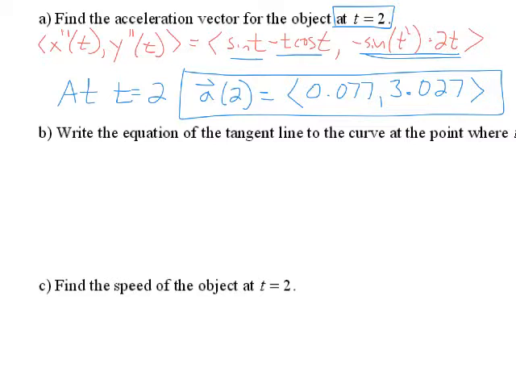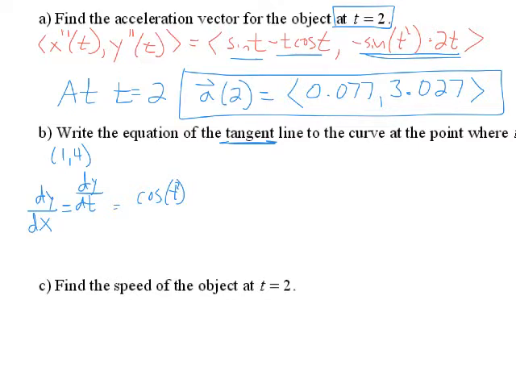Part B asks us to write an equation of the tangent line, and we are given the point of (1, 4) in the problem setup, but we don't have the slope of the tangent line, so we need to find the slope of the tangent line. And we do have dy/dt that's given to us, and that is cosine of t squared.